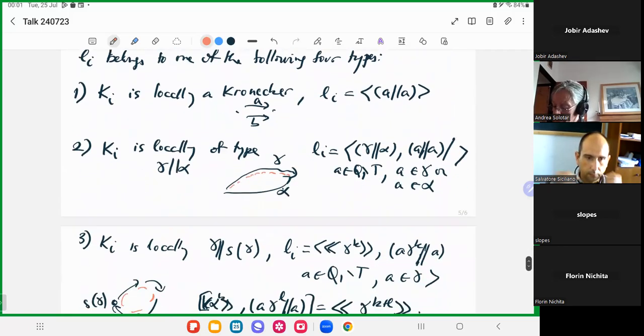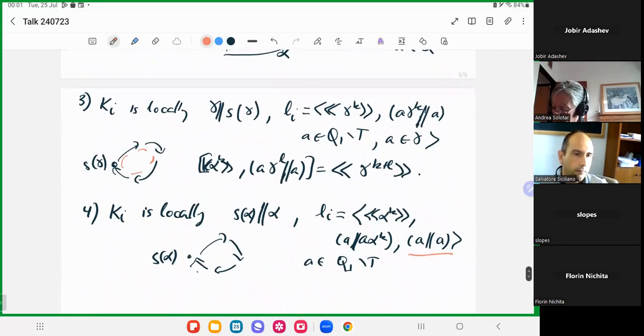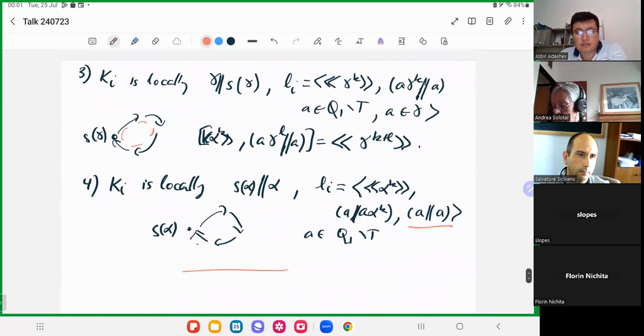This will give us also some information about the quiver, some information about the presentation of the algebra, and some information about how curves concatenate in the surface. Well, this is only a little bit of a structure, but since I am out of time, I will stop here. So thank you very much.